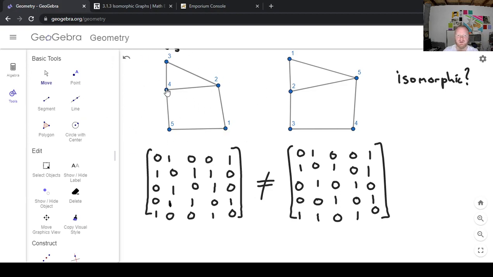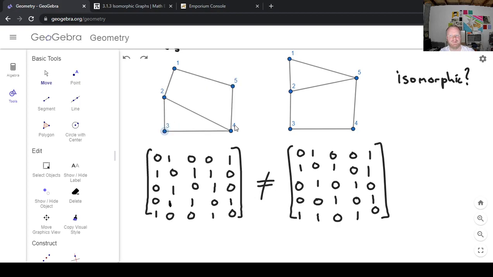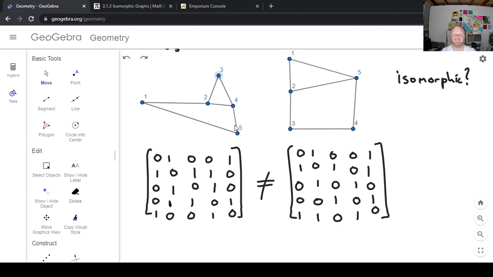So I'll go ahead and see how much untangling it takes to get back to my original spot. There we go. All right.